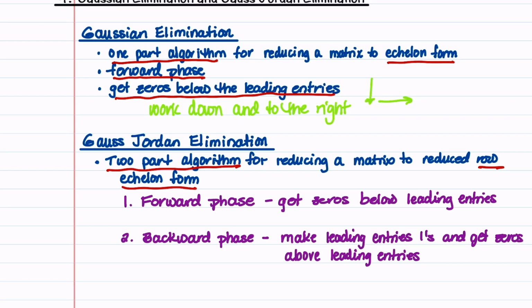A forward phase where you get zeros below the leading entries, and as we wrote up above, this means we're going to work down and to the right. And then it has a backwards phase where we're going to make the leading entries 1 and get zeros above the leading entries. The way that we're going to do this is we're going to work up and then to the left. So let's write that down. So work up and to the left.